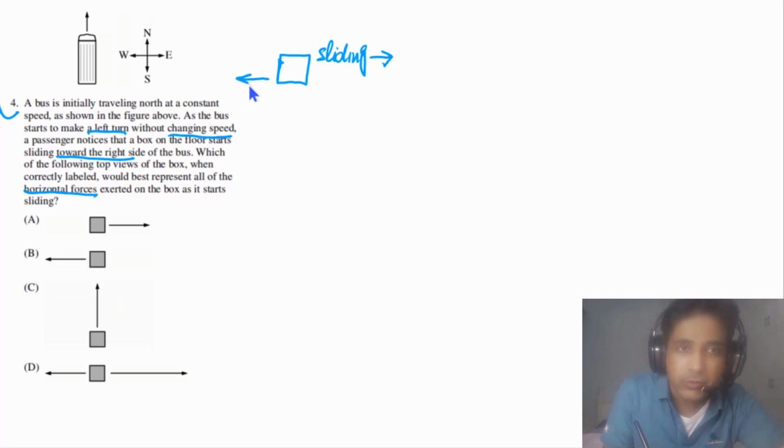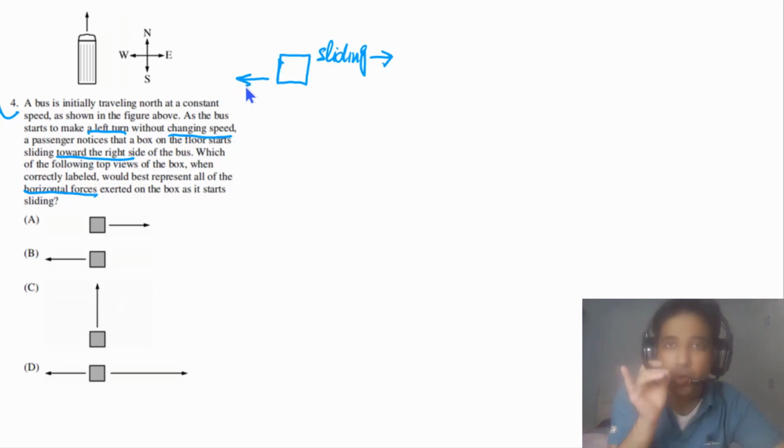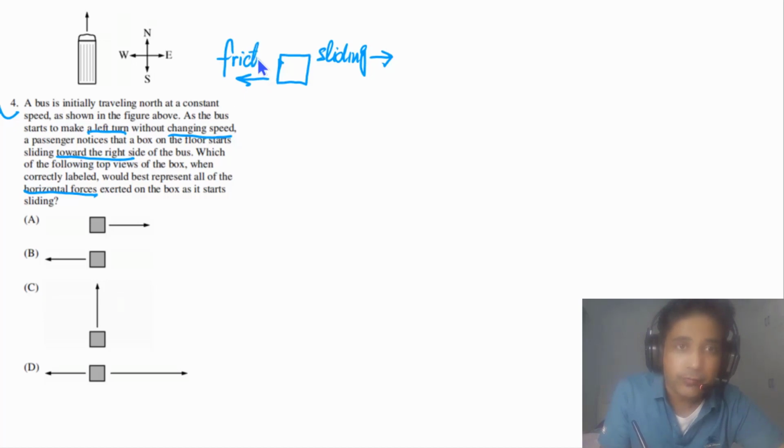The force of friction has to act to the left, meaning opposite to the direction of motion, because friction is an opposing force. So this is the direction of friction. Simply, we can write down: friction opposes motion.